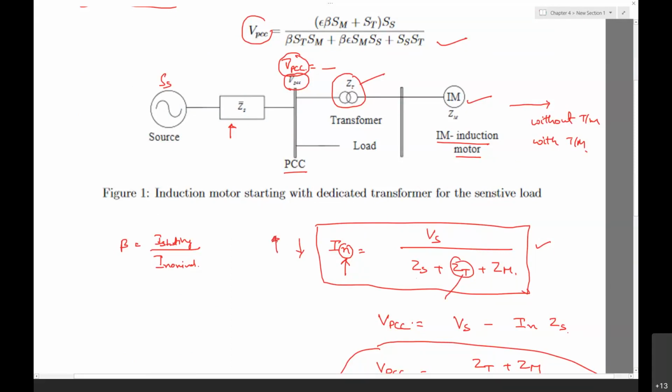This is about the induction motor starting with a dedicated transformer in order to have less impact on a sensitive load. If a sensitive load has been connected, the impact on the voltage at the PCC is very small when you start the induction motor with this transformer.